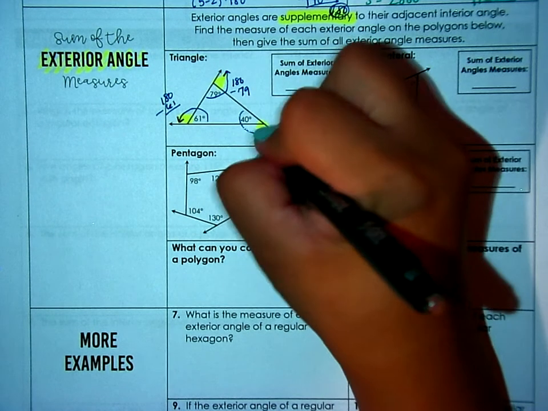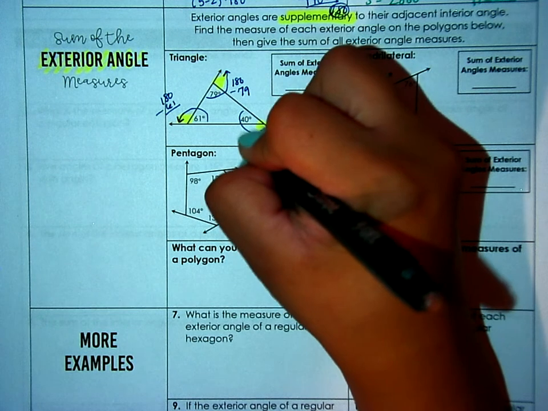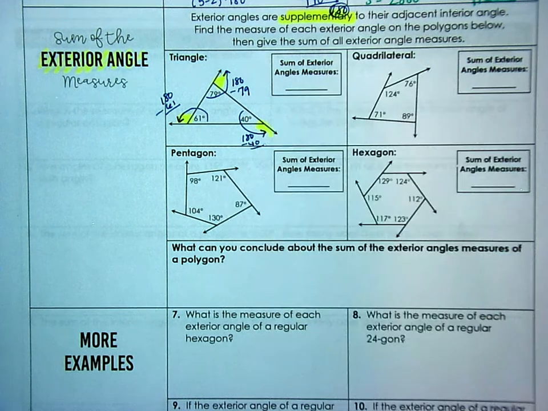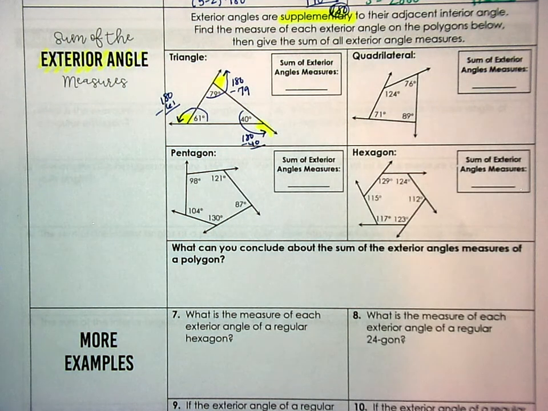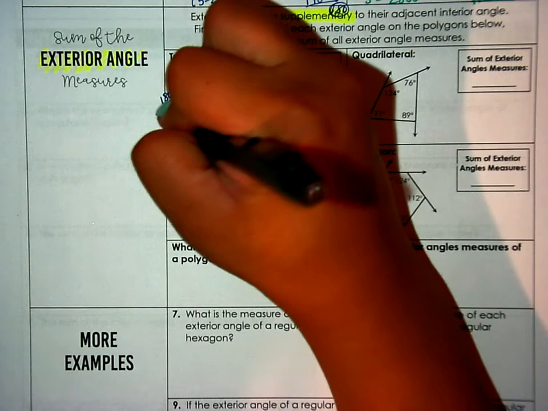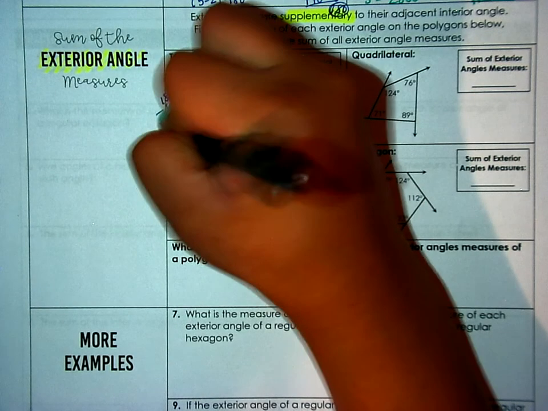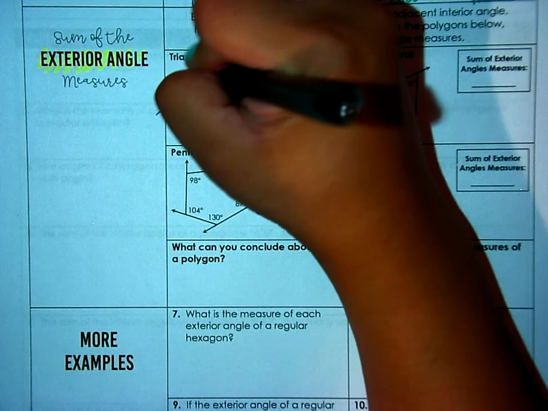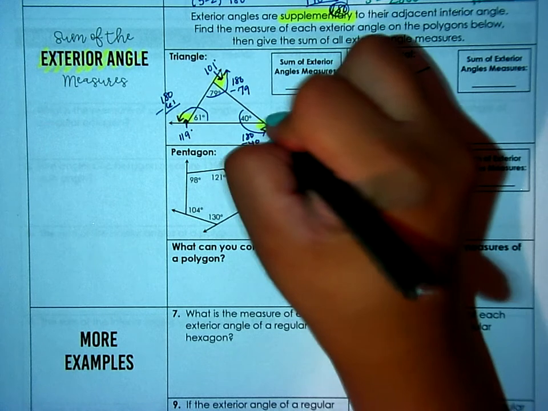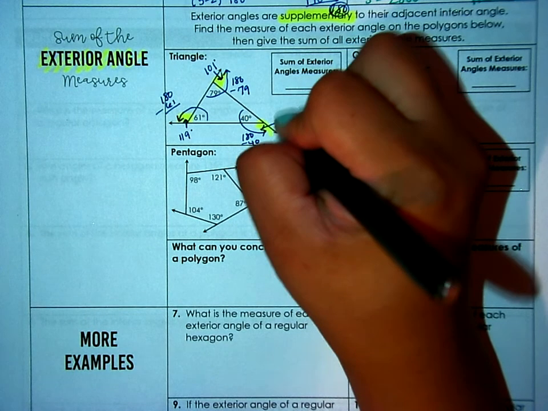This one, 180 minus 40. Okay, so we're going to do all of those, write in the answer, and see what we get. So 180 minus 61 is 119. This one here, 180 minus 79 is 101. And the last one, 180 minus 40, is 140.